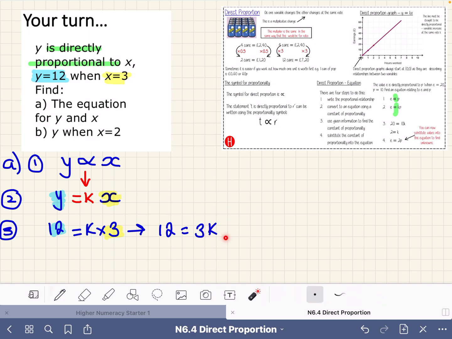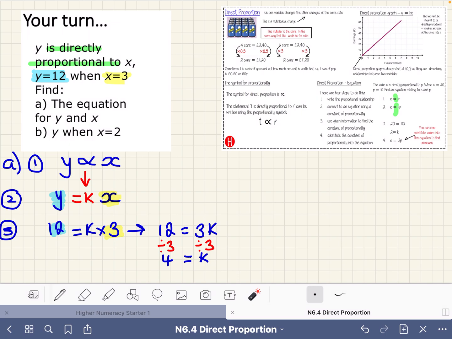We now solve to work out what k is by doing the opposite of 3 times k, which would be divide by 3 and divide by 3. That means that 12 divided by 3 is 4, and that is equal to k. Step 3 is complete. Step 4 is to substitute this value for k into the equation that you started with.